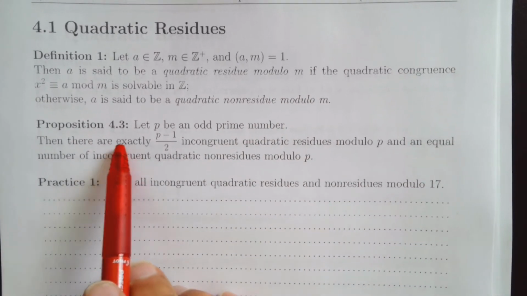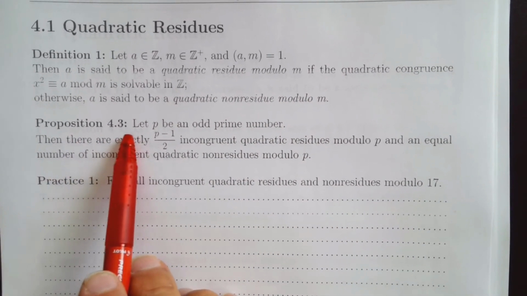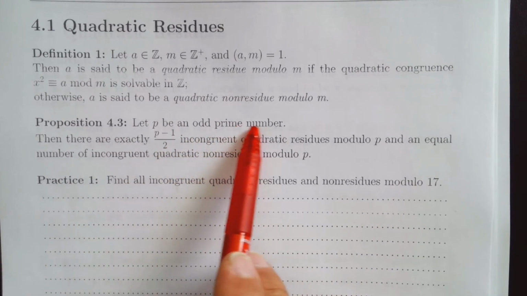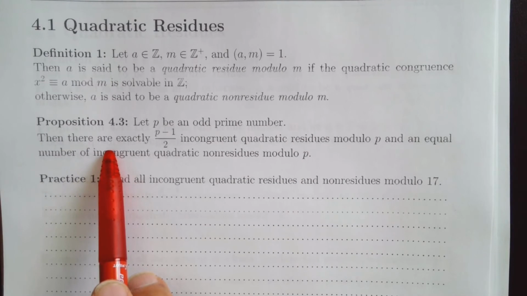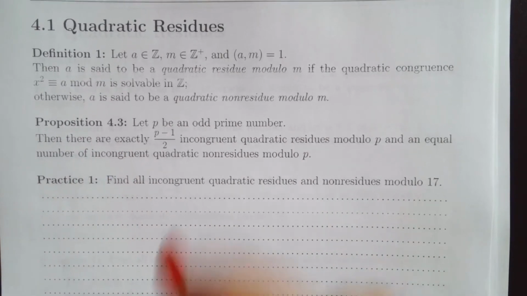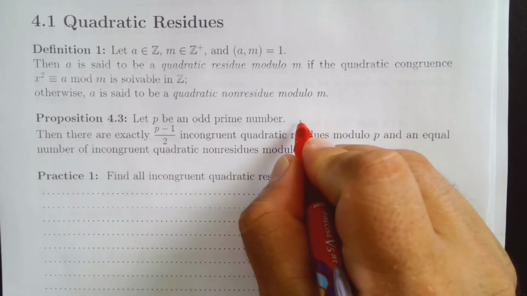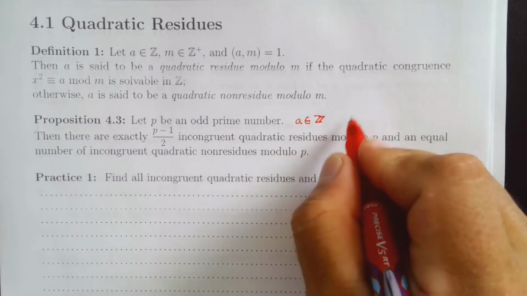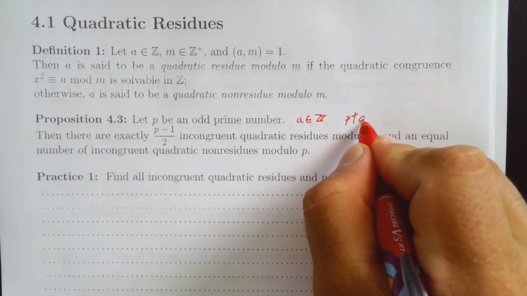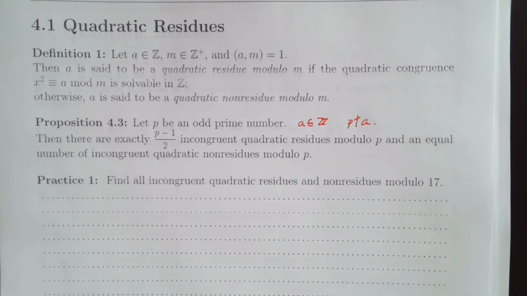Let's say that p is an odd prime number, where a is an integer and p does not divide a. I don't know why I left that off there.